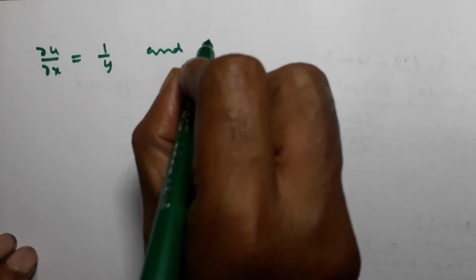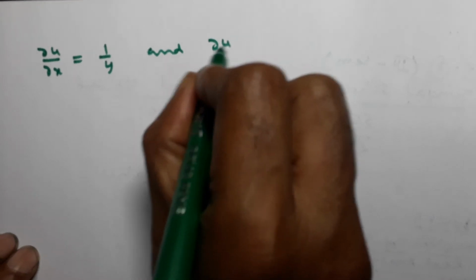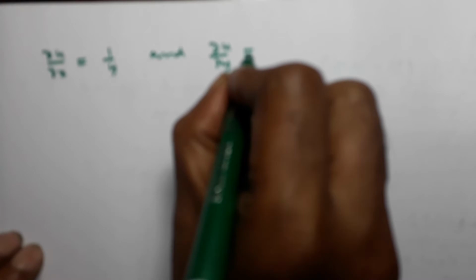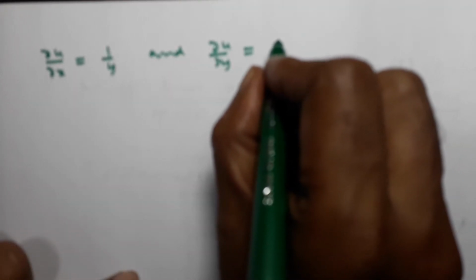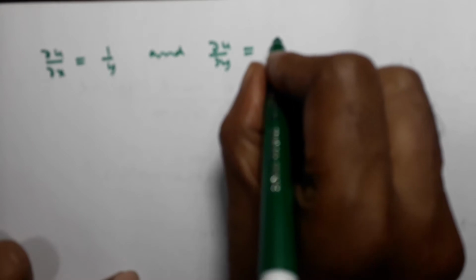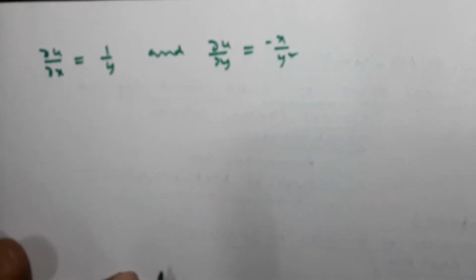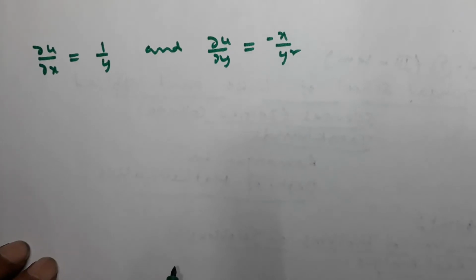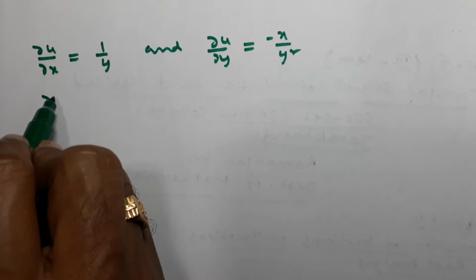And dou u by dou y: with respect to y, as x is constant, differentiating x by y gives minus x by y square. Similarly, v can be differentiated with respect to x.